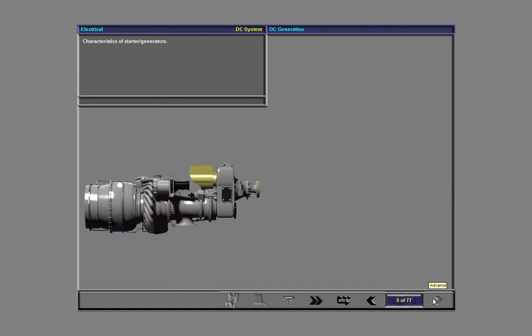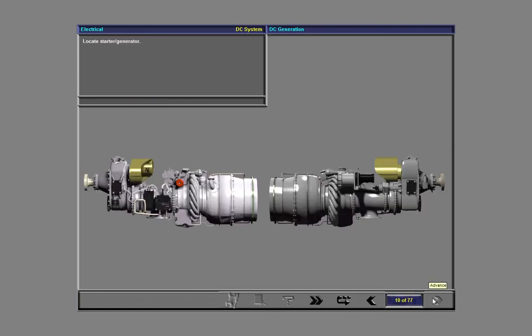Before considering the operation of the BTC in more detail, we shall describe some of the characteristics of the starter generators. Now, locate the starter generator.